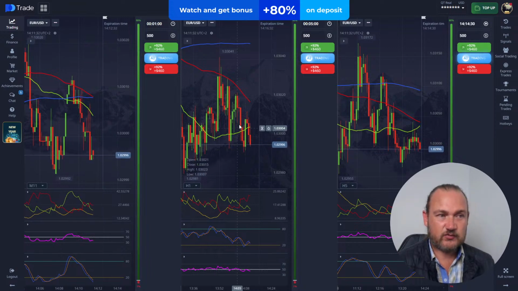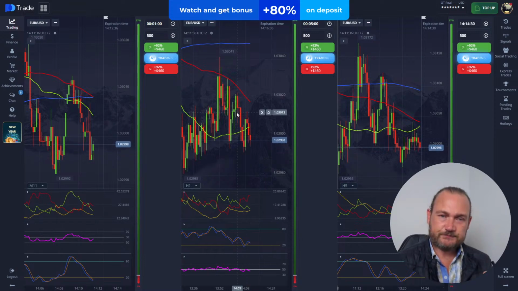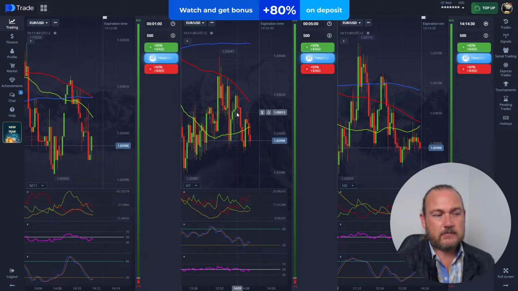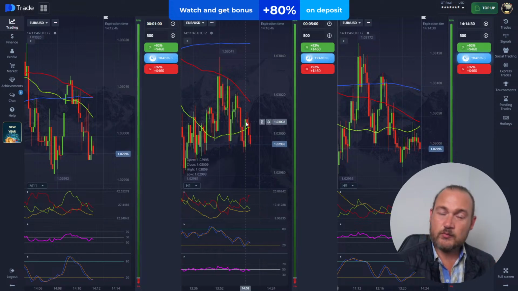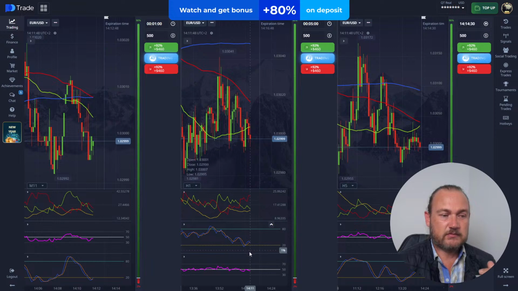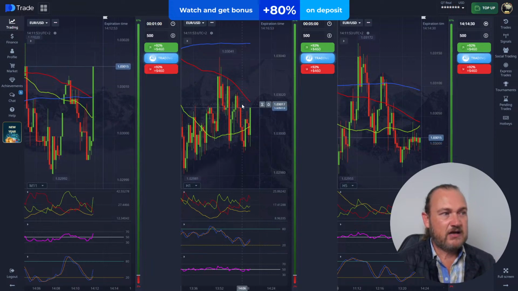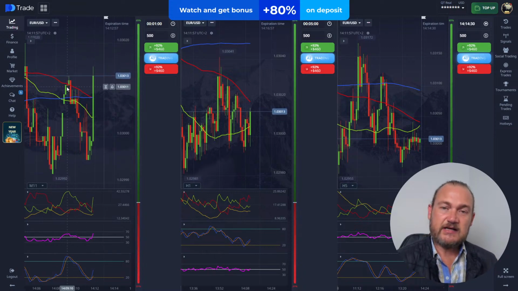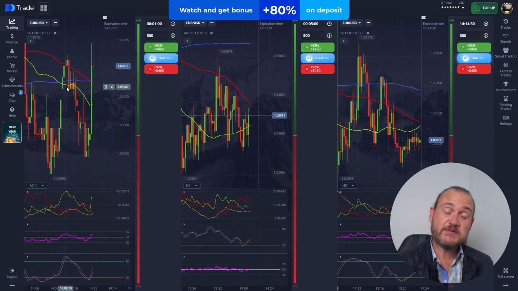It got rejected, and we're moving downwards still. So that's a continuation signal. And quite often when I get a signal on my 1 minute chart from one of my strategies, like I did in this case here, at the same time I will get a trading signal from one of my strategies, sometimes the same one, sometimes a different one.